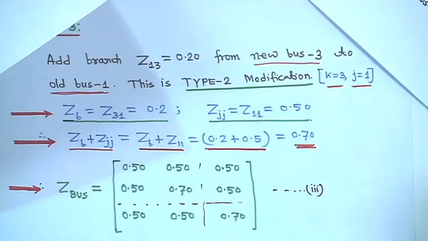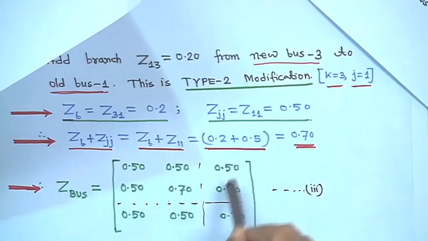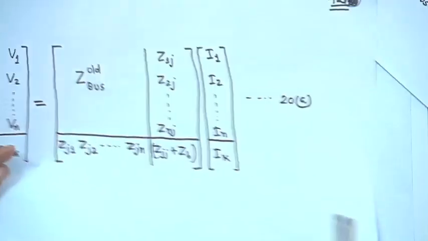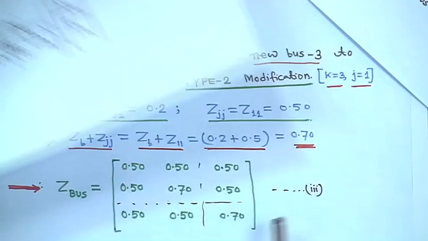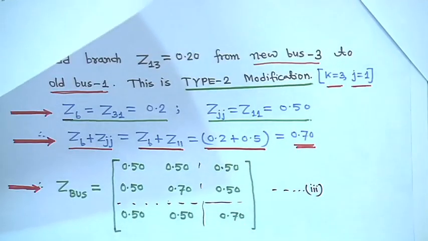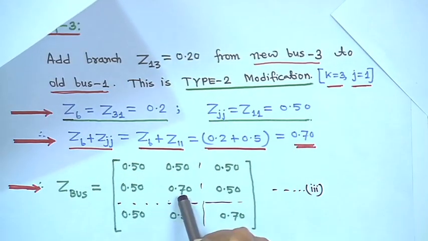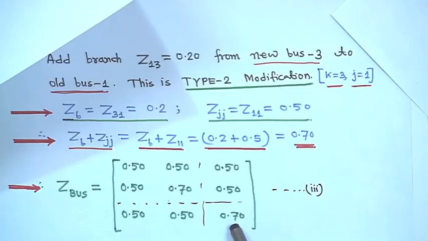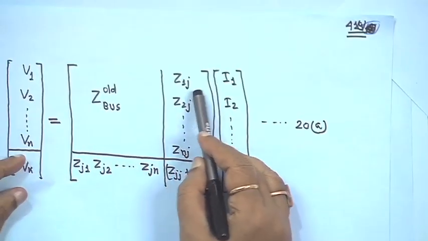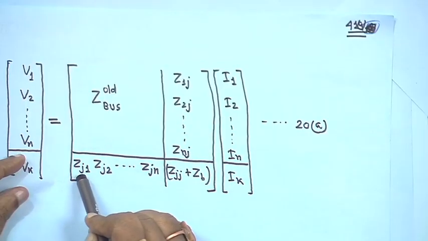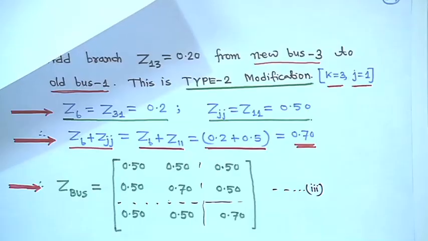So here also it is 0.5, 0.5, and this one, Zjj plus Zb, comes to 0.7. Here it is 0.7, and here it is also 0.7. Similarly, if you put j equal to 1, you will get all these: Z11, Z21, Z12, 0.5, 0.5. This is type 2 modification.